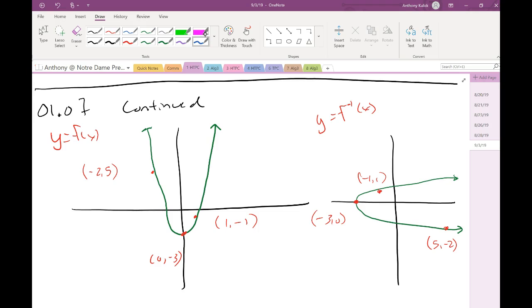Right. I'm talking from a visual standpoint, though. Andrew? Yeah, so there's a reflection that happens here. So imagine we have this line, y equals x.